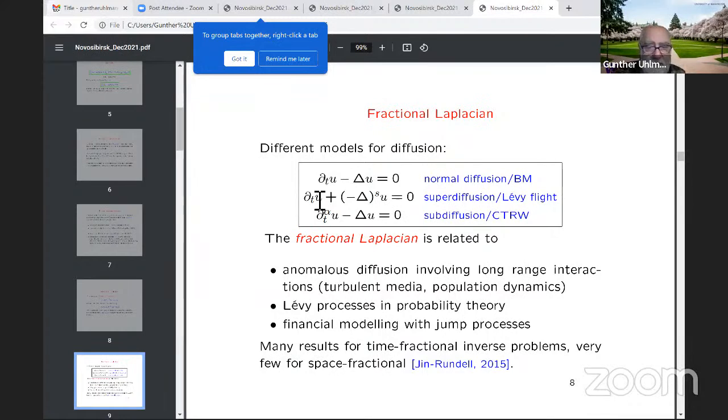I'm not considering that, but I'm considering the fractional Laplacian, the steady state. The fractional Laplacian is related to anomalous diffusion involving long-range interaction. That's the whole point. Lévy processes in probability theory. The square root of the Laplacian is a famous Lévy process. Financial modeling with jump processes, etc.